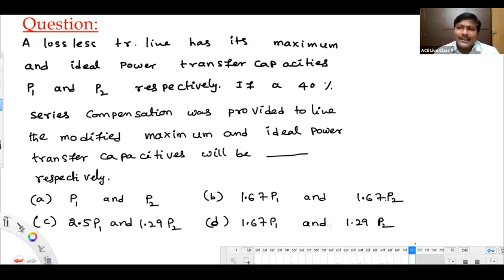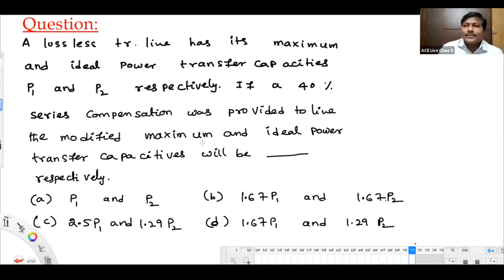We'll be converting that into a FACTS controller and using it. Those are numbers only. FR is a number, mechanical frequency is a number. Series capacitor is the main reason for this subsynchronous resonance.